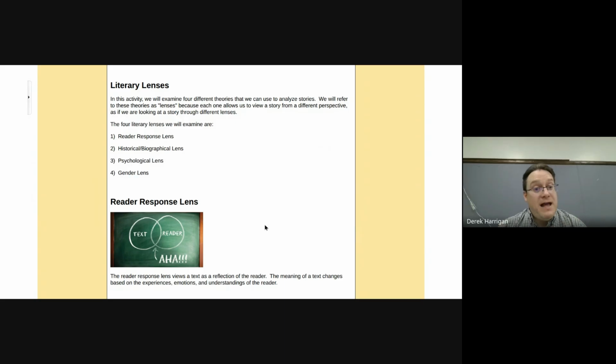I would expect you to have a general understanding of each of the 4 lenses. So say maybe on your final exam, I might ask or mention these lenses. But for the purposes of this activity, you're going to have to pick one of these lenses that you like the best and use it in an assignment.